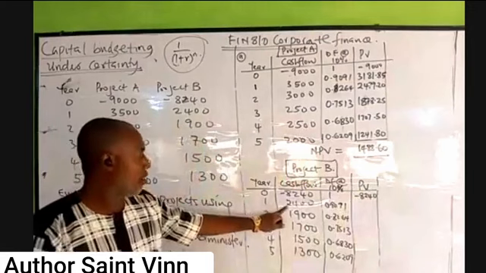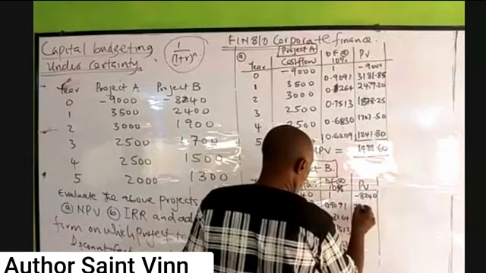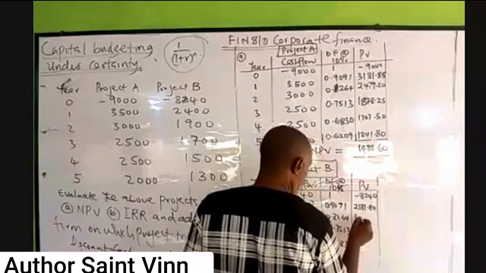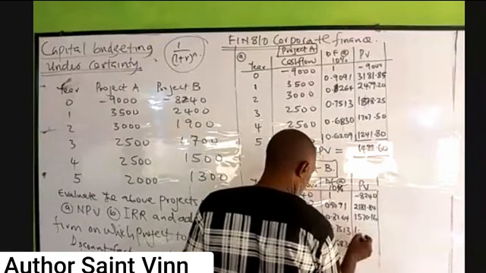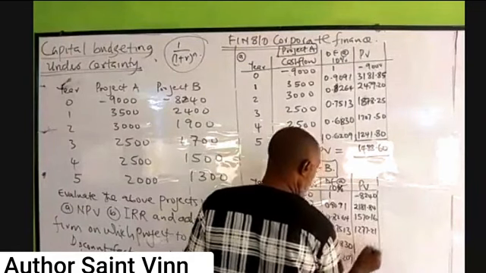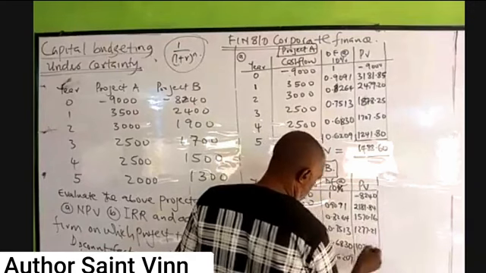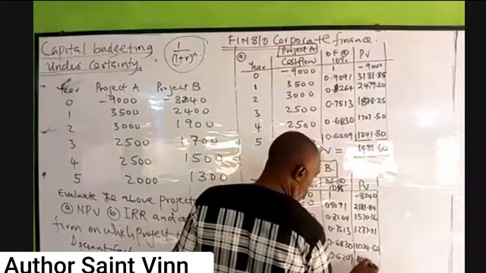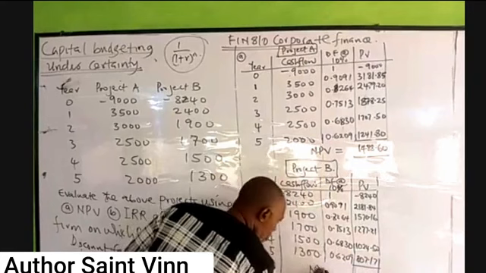Oh yeah, this one is different. 2400 times this gives 2181.84, then 1570.16, then 1277.21, then 1024, the last one 8017. When we added everything, was it negative or positive?